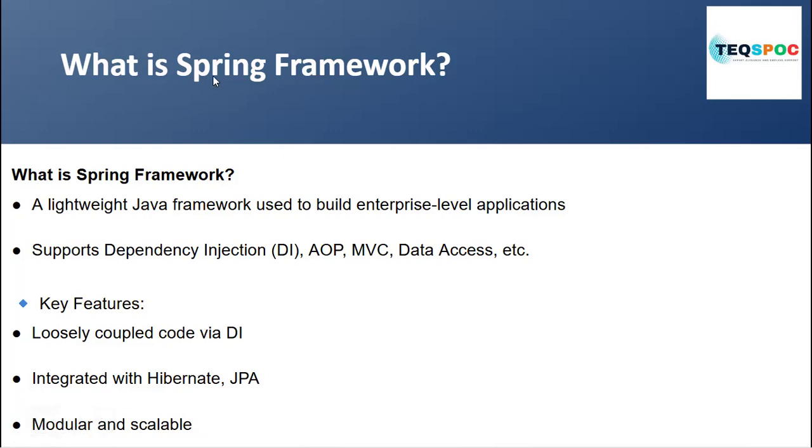Then, in the Spring Framework time period, Hibernate came. So what happened with Hibernate? Earlier, we were manually writing SQL queries. Now, with the help of Hibernate, we do not have to write the SQL queries. Hibernate is an ORM tool, that is an Object Relational Mapping tool.